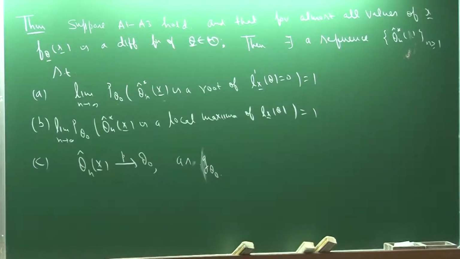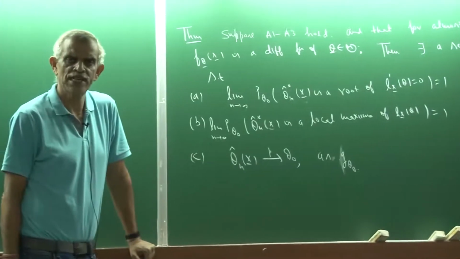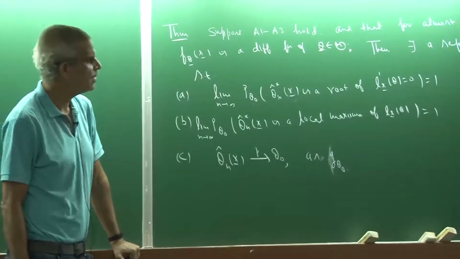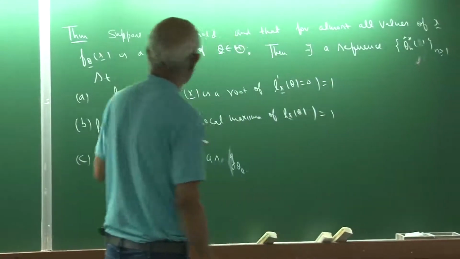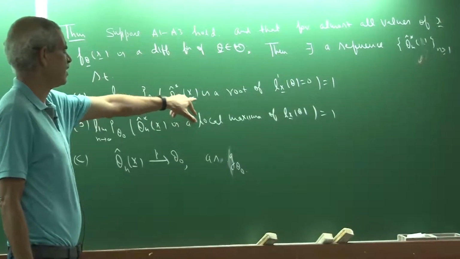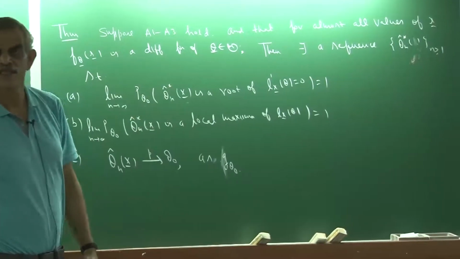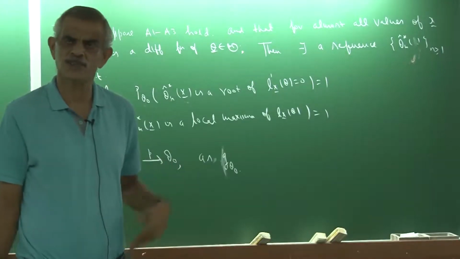So note that this result has a very nice implication. First thing is if your likelihood equation has multiple roots, then it says there will always exist a sequence theta n hat star x such that limit n going to infinity of the probability that theta n hat star x is a root of this is 1. So existence of a critical point in an asymptotic sense is always guaranteed.